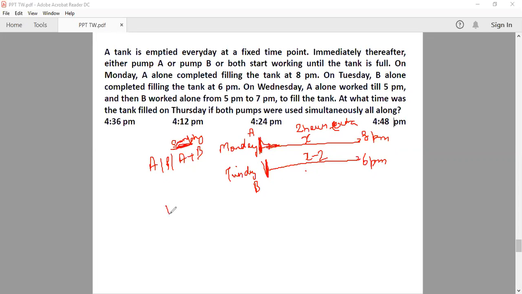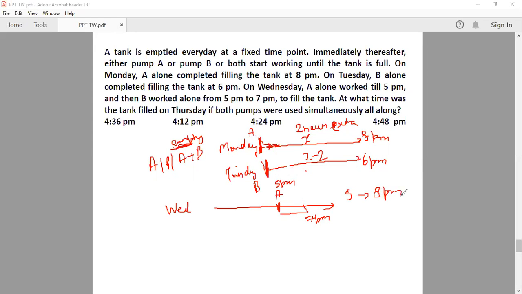Now on Wednesday, A worked till 5 p.m. and B worked till 7 p.m. and completed the work. Now again understand कि अगर अकेला A काम करता तो काम कितने बजे खत्म होना था? 8 बजे.